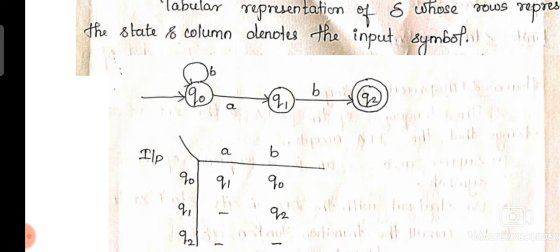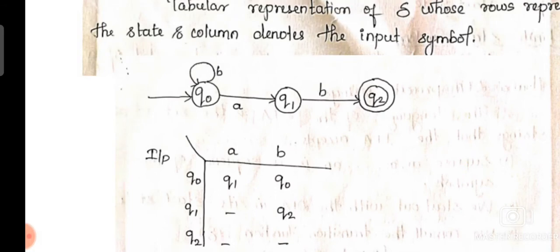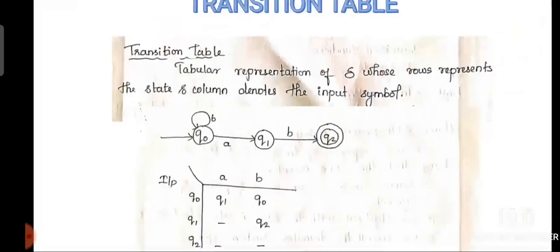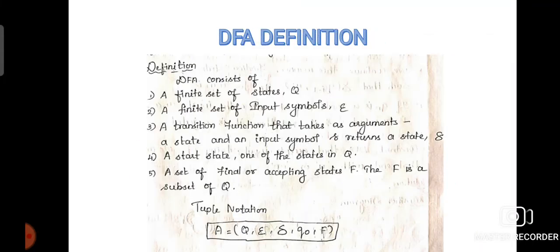And when Q0 takes the input symbol B, it remains in the same state Q0. So in the diagram we have a self loop on Q0 with the input symbol B, and Q1 consumes input symbol B and moves to the final state Q2. In this way we represent the DFA with the help of the diagram and table.